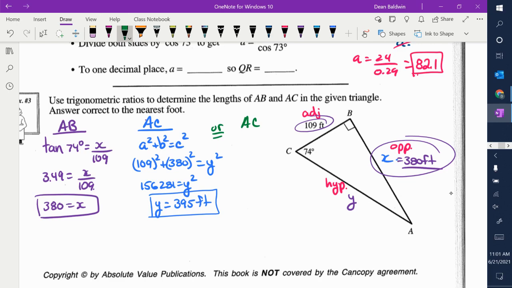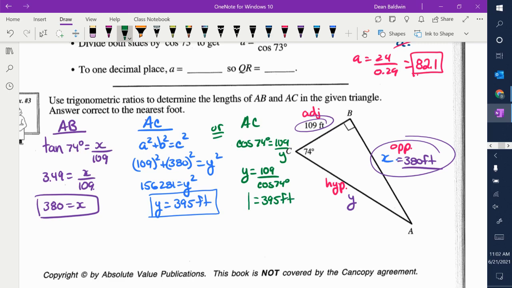You know the adjacent. So that's cosine. So you could go cos of 74 is equal to the adjacent 109 over y. And then y is equal to 109 divided by cosine of 74. And if you do that, I think you get the exact same thing of 395.